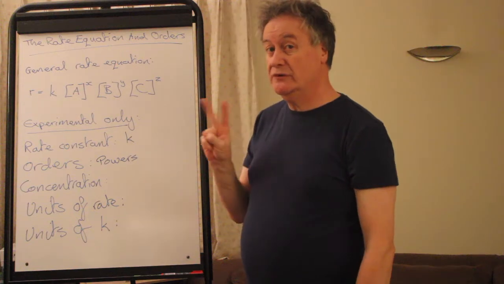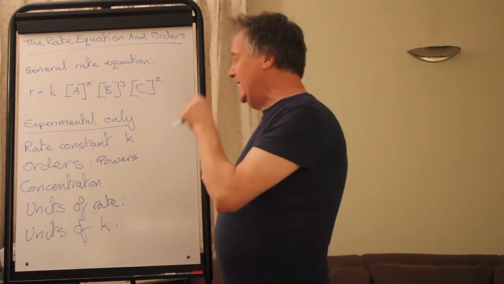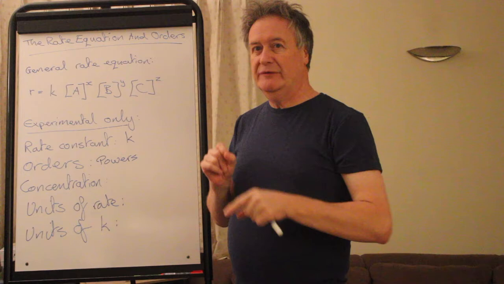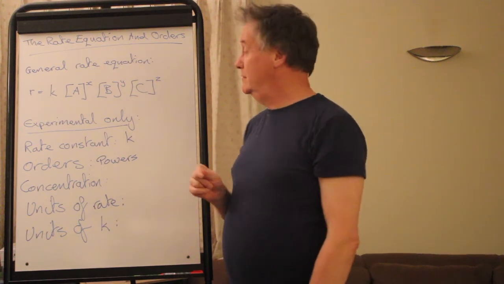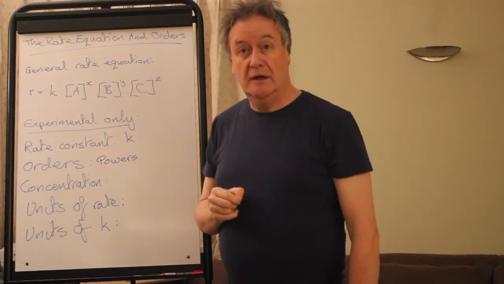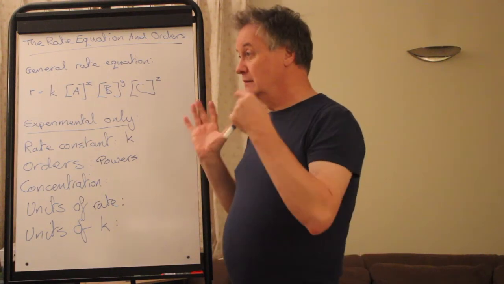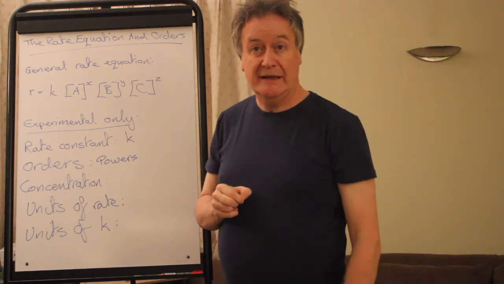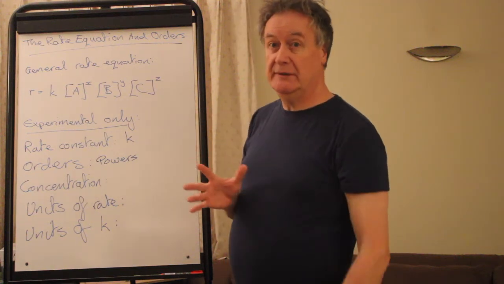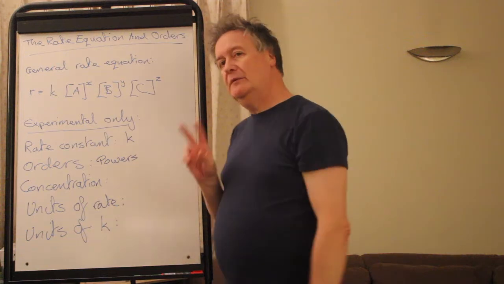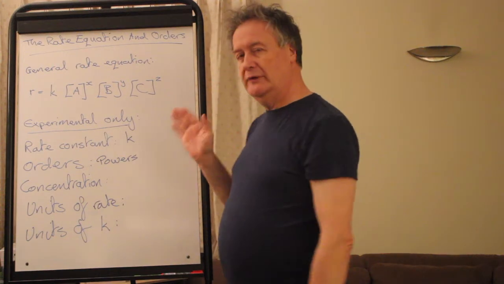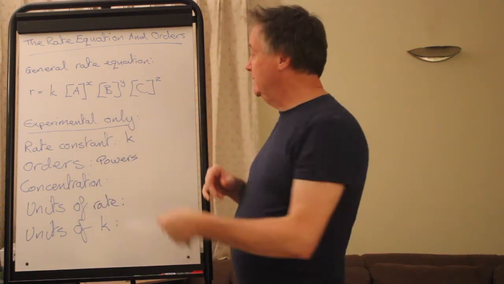It's usually one or two chemicals. A, B and C would be replaced by the names of chemicals in a real experiment. You know, it could be hydrogen ions, it could be an organic halogenoalkane or something like that. And there often are only one or two. I've done three here just to give you the general picture.